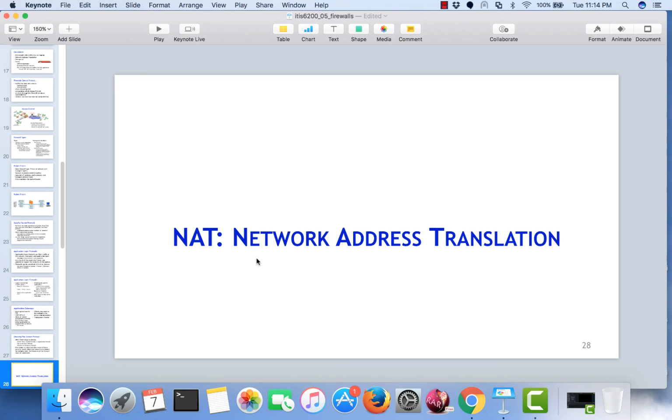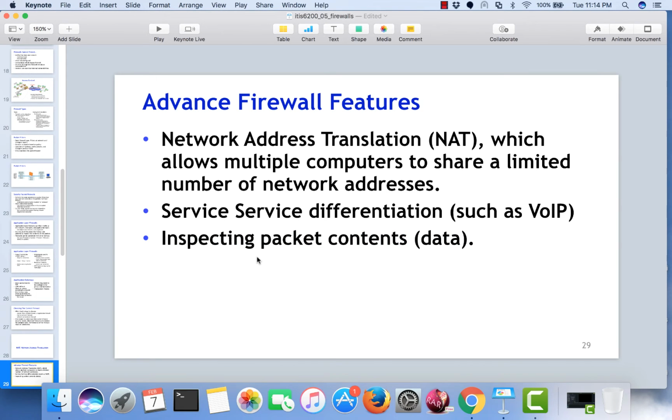So a lot of times your company will have a certain number of externally facing IP addresses, and on your internal side, you will have internal IP addresses, and network address translation will allow you to translate between the internal systems and the outside systems. We're going to go into that a little bit better as far as an explanation is concerned.